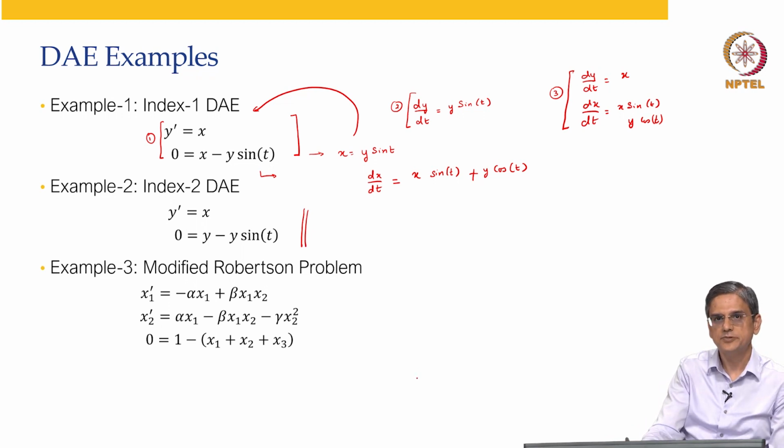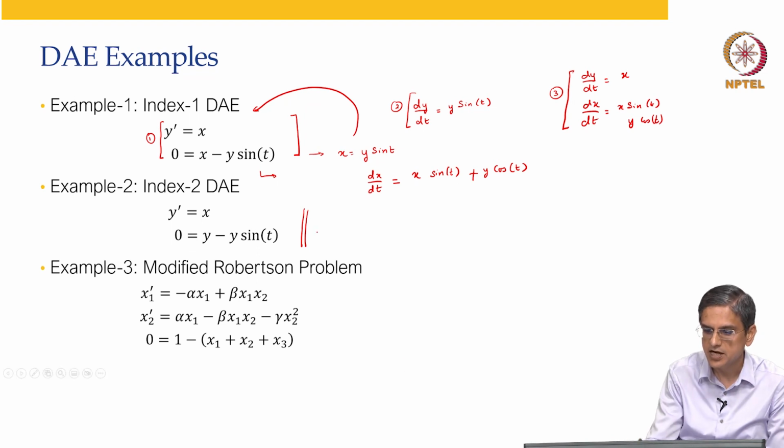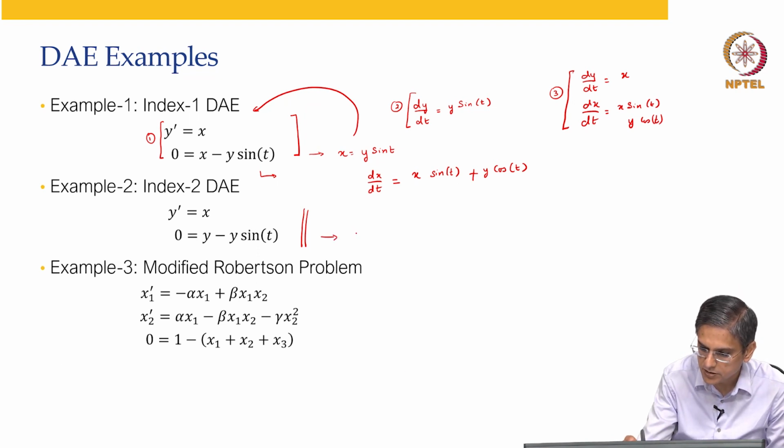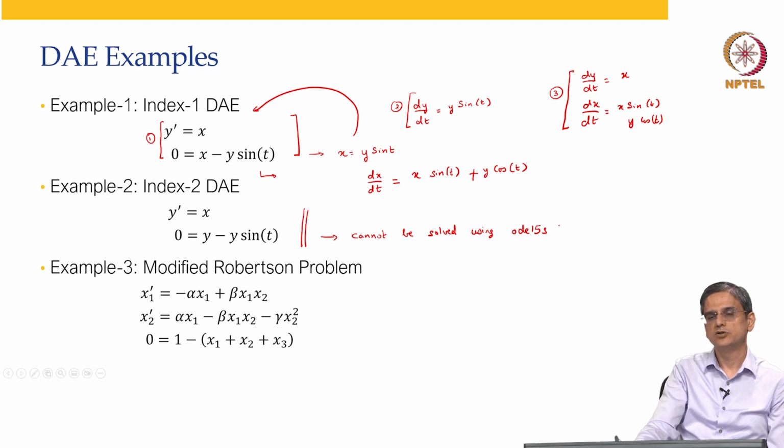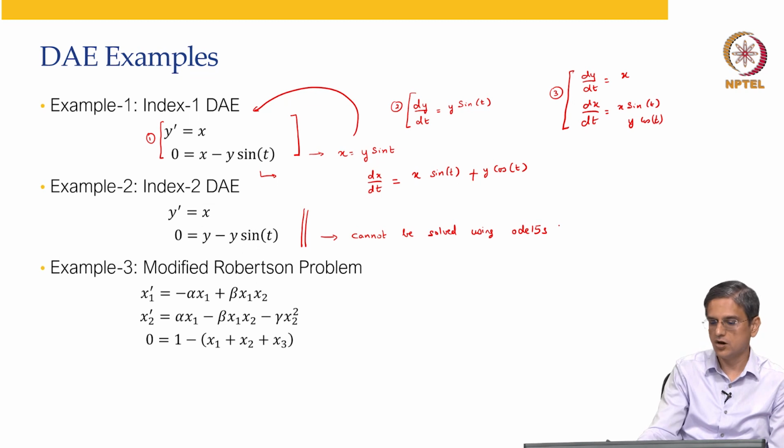In example 2, you have a higher index DAE, an index 2 DAE, which cannot be solved using ODE 15s. So you will have to do some kind of modification to that problem. Why?